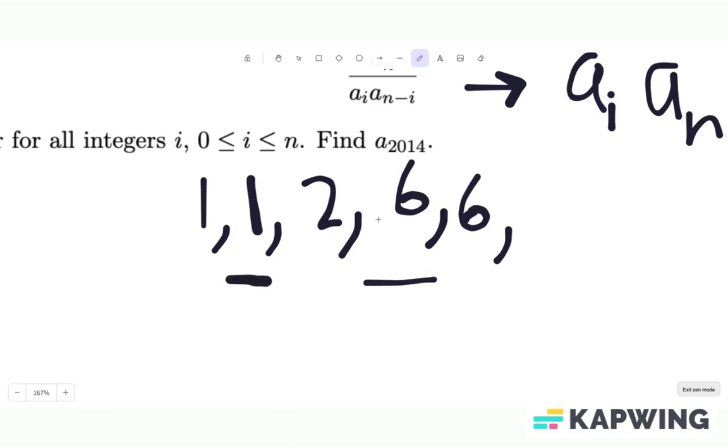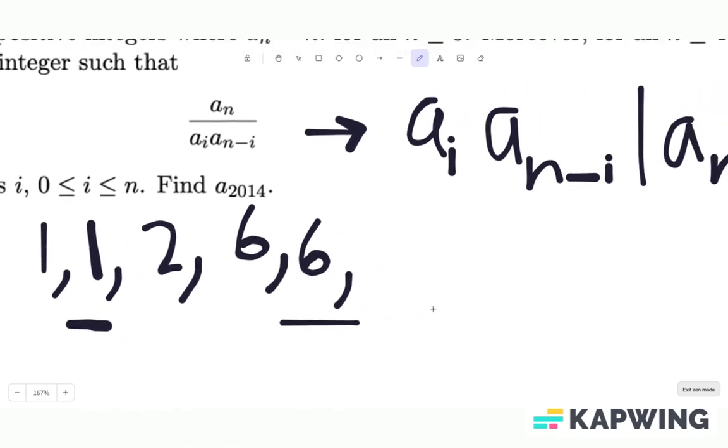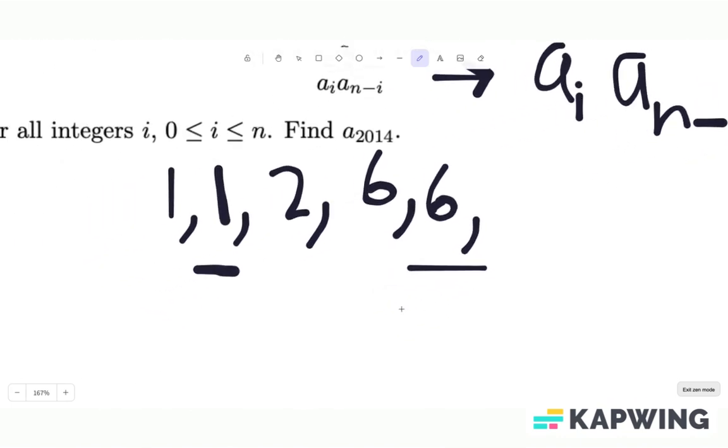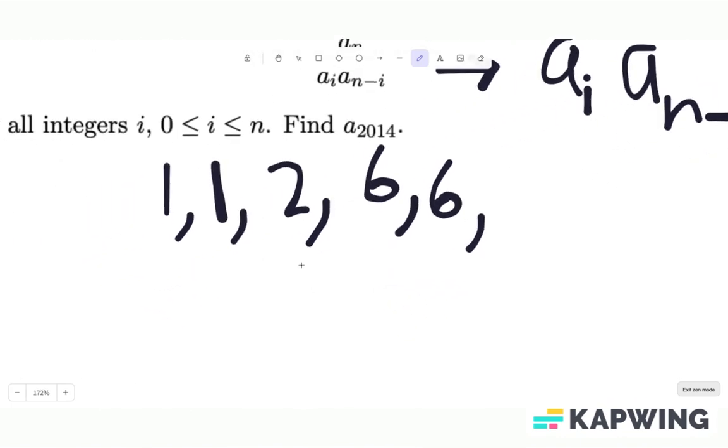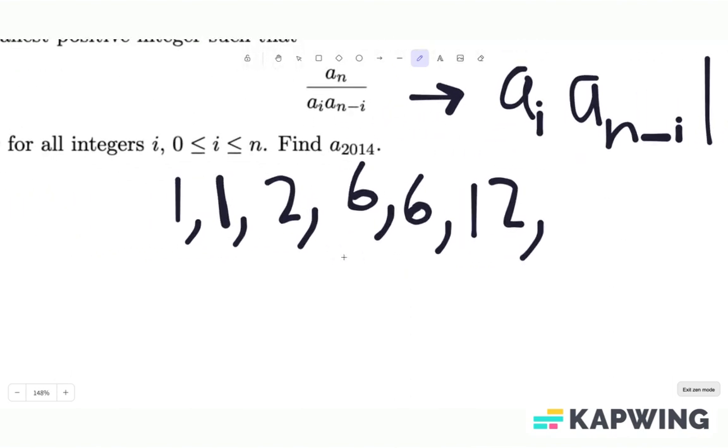Then we have a sub 1, a sub 4, so 6 divides a sub 5, and then a sub 2, a sub 3, so 12 divides a sub 5. And the LCM of 12 and 6 is 12.